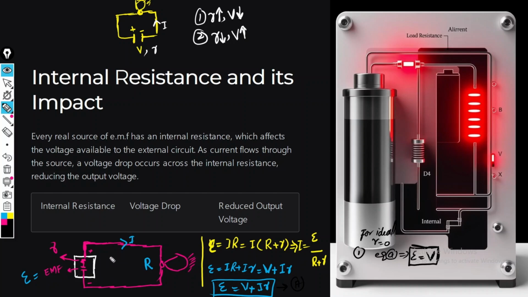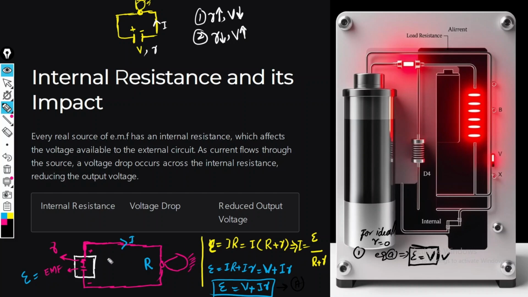For the ideal battery, there will be no internal resistance. So in that case, this electromotive force of the battery will be equal to this voltage here. So this is the equation for that.